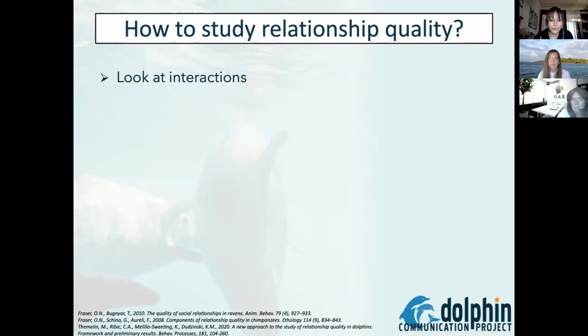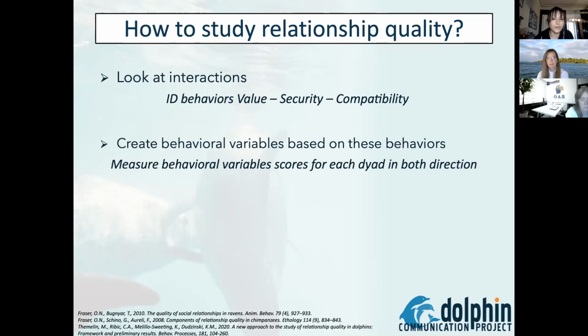And once you can observe them, you have to find behaviors that are variable to those species and behaviors that could correspond to one of the three components: value, security, and compatibility. And once you find those behaviors, you will create behavioral variables, which are basically formulas that will help you get a measurement of those behaviors.